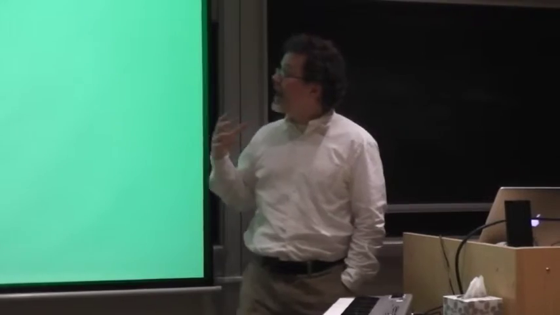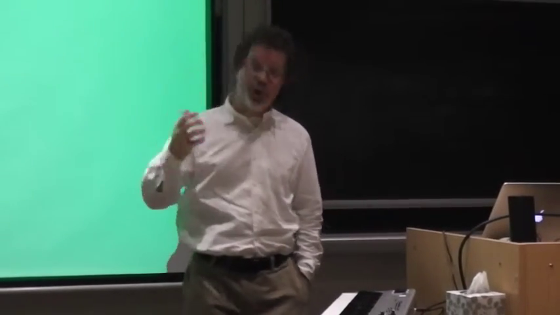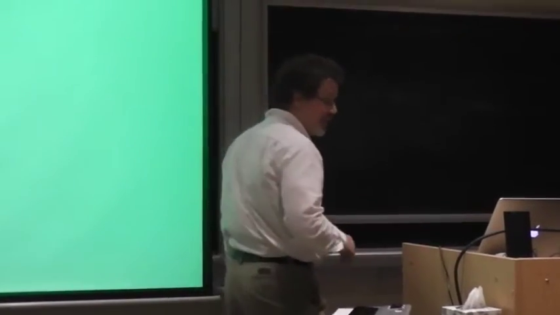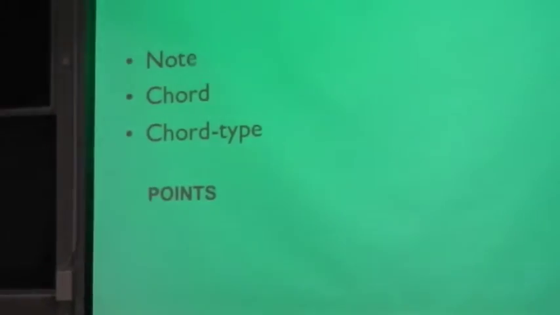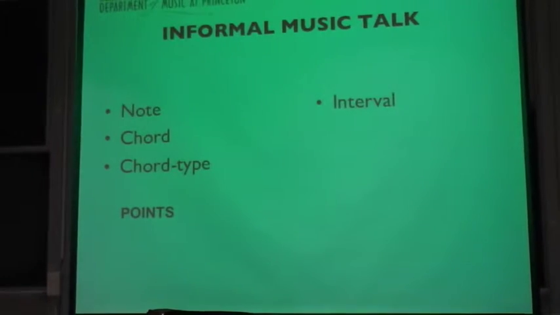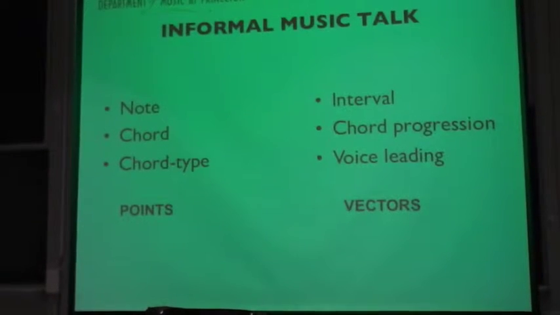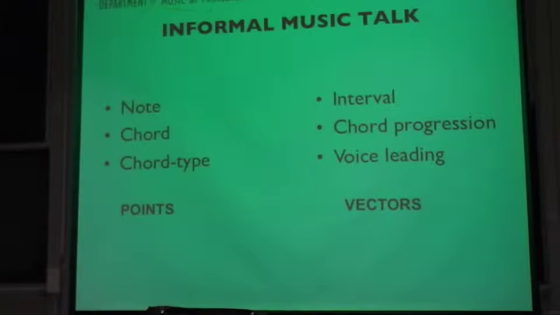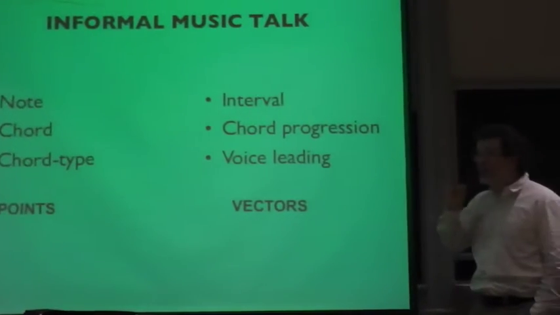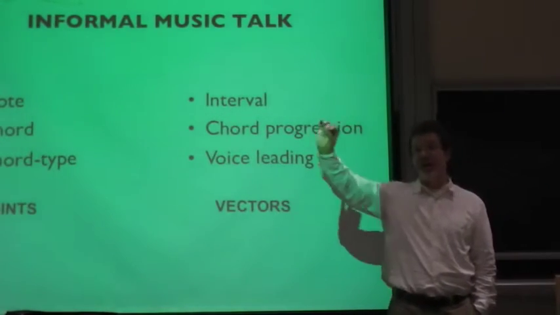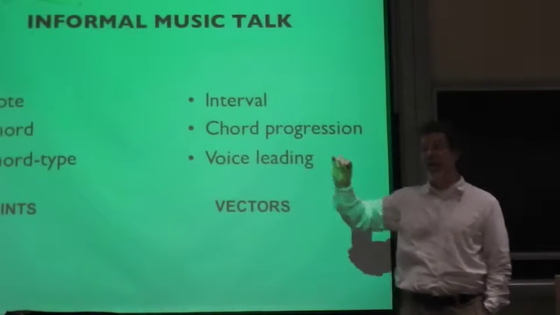At a more abstract level, the idea of a major chord is an abstract location, a kind of equivalence class, if you will. There are also a collection of terms like interval, chord progression, and voice leading that seem to refer to something more like vectors, understood in the high school geometry way as ways of getting from one point in the space to another.